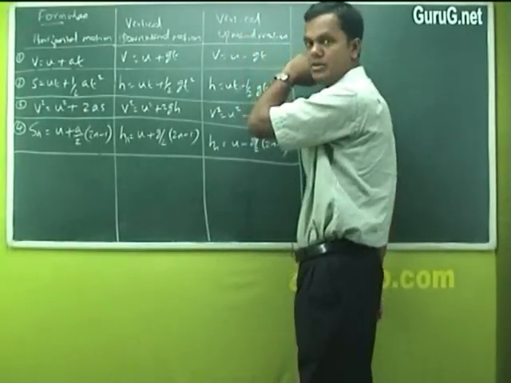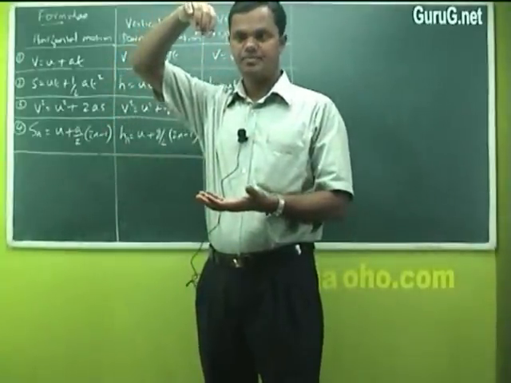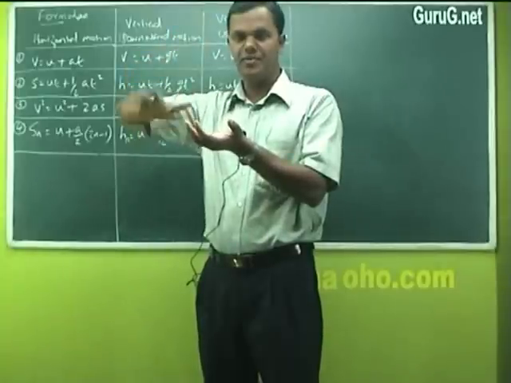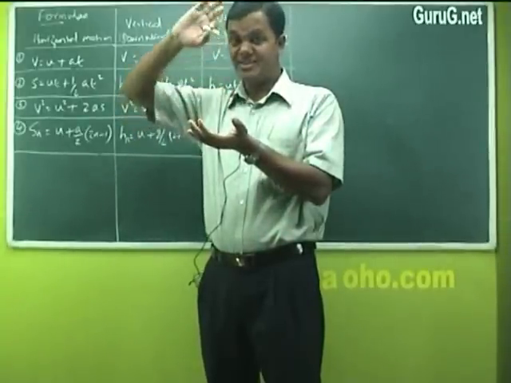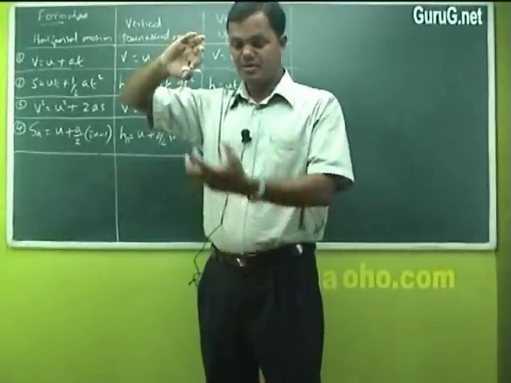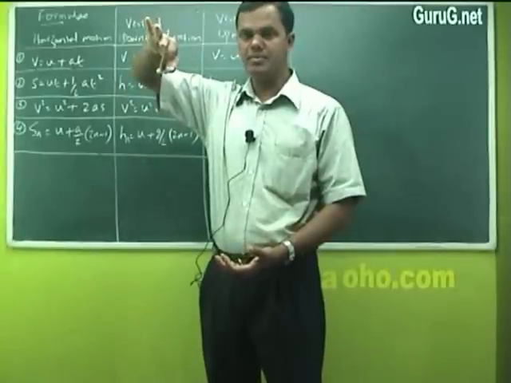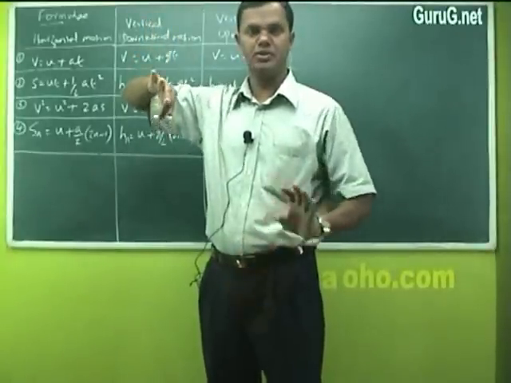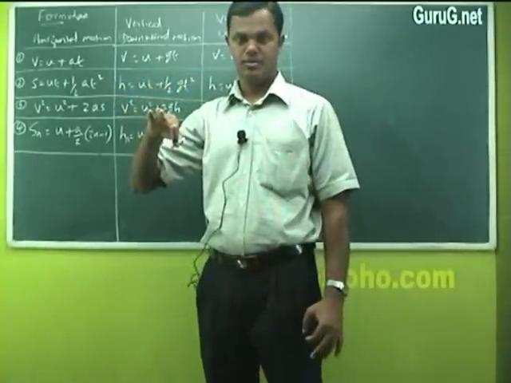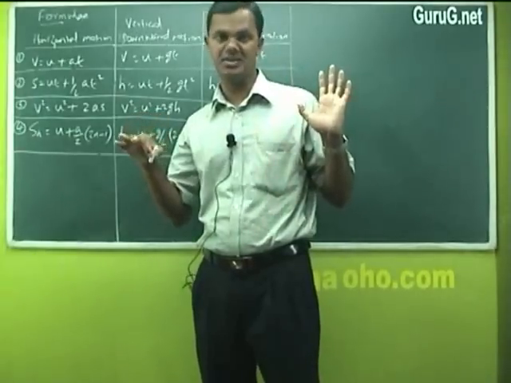Because of upward motion. In the sense, I am just holding a chalk piece and just leaving it. This is called free fall, the body is falling freely. So acceleration due to gravity is due to the gravitational pull of the earth. So this is taken as positive, because any body, if you leave it freely, will fall down because of the pull of the earth. This g value is taken as positive 9.81 meter per second square.